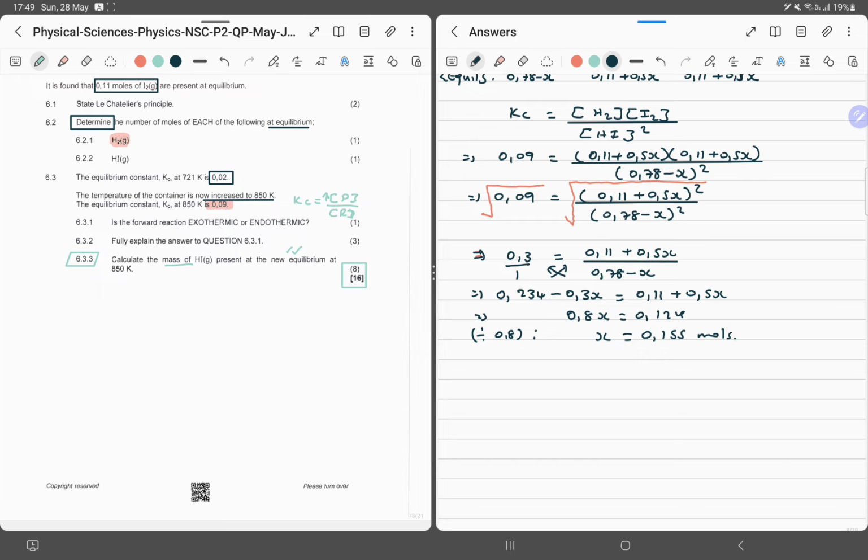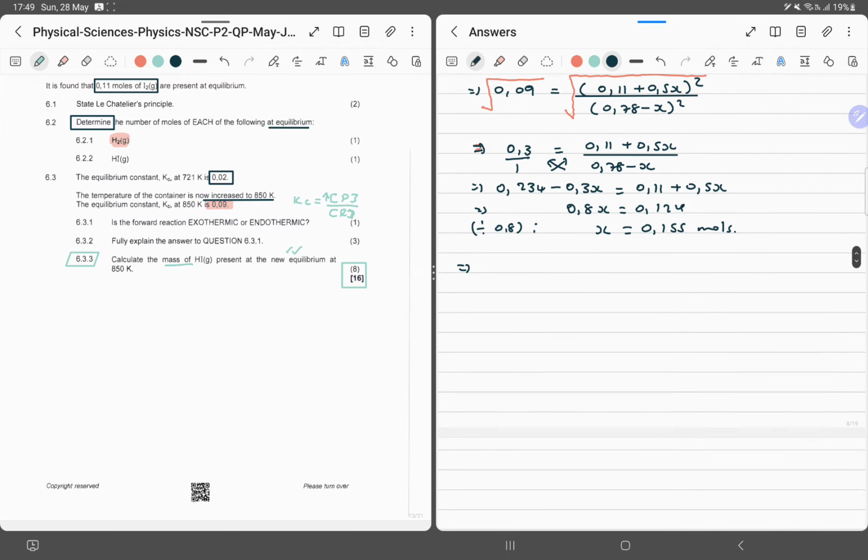Now that we have the value of x, this implies that the concentration, what do we want? We want the mass. Do we really want the concentration? We want the number of moles, man.